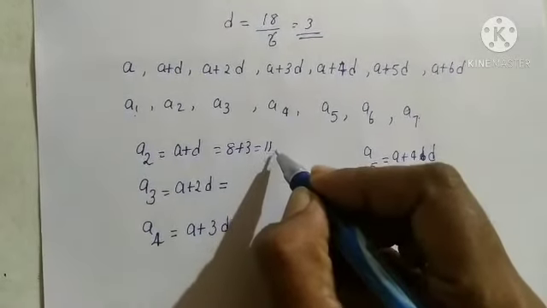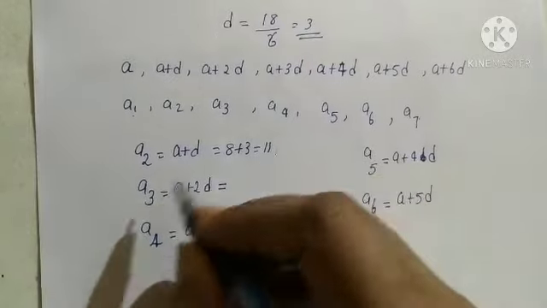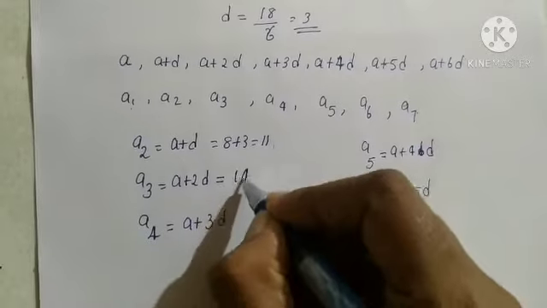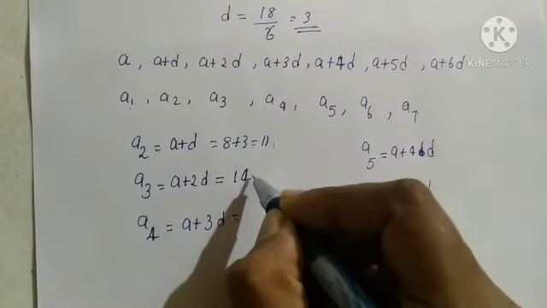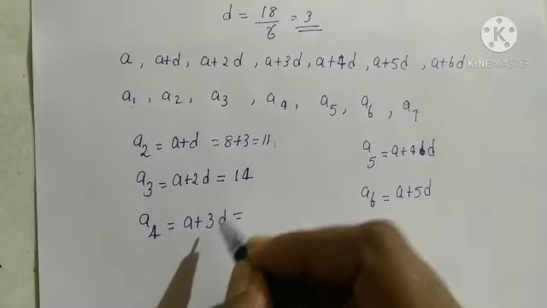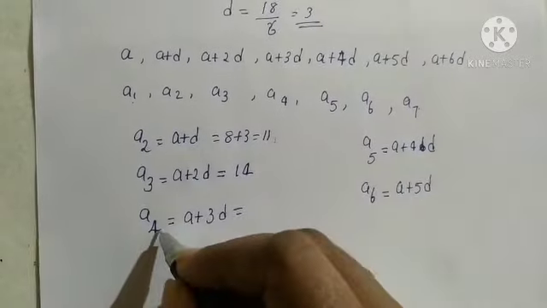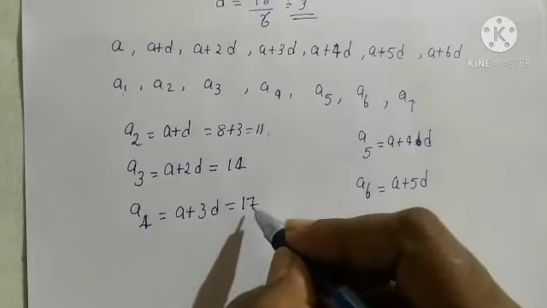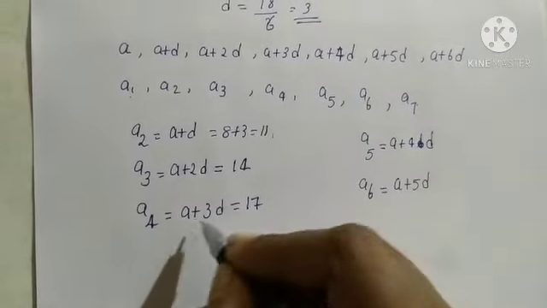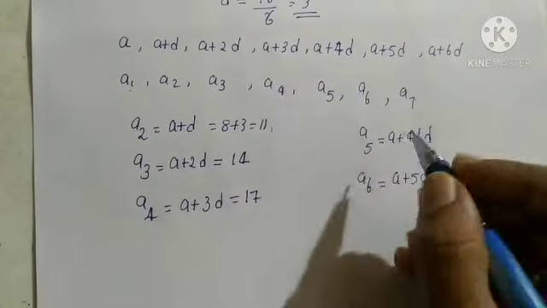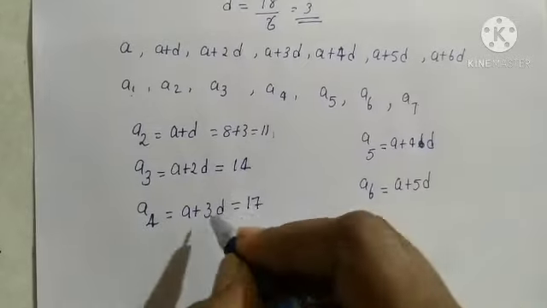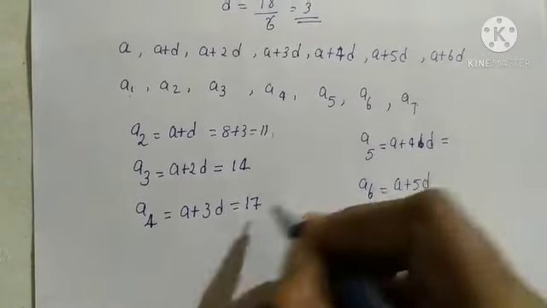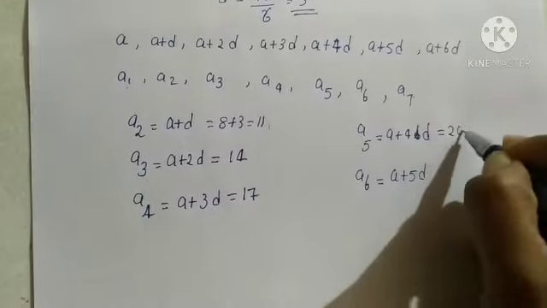Adding 3 to this term, we get A3. So 11 plus 3 is 14. Adding 3 to A3, we get A4, so 14 plus 3 is 17. Adding 3 to A4, we get A5, so 17 plus 3 is 20.